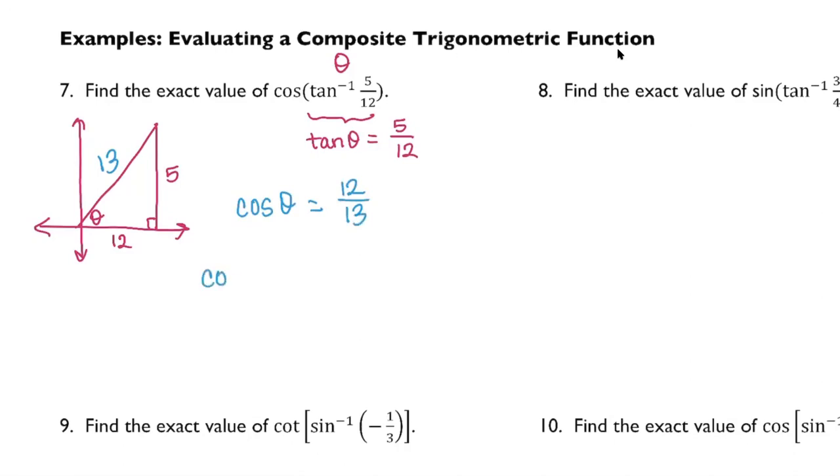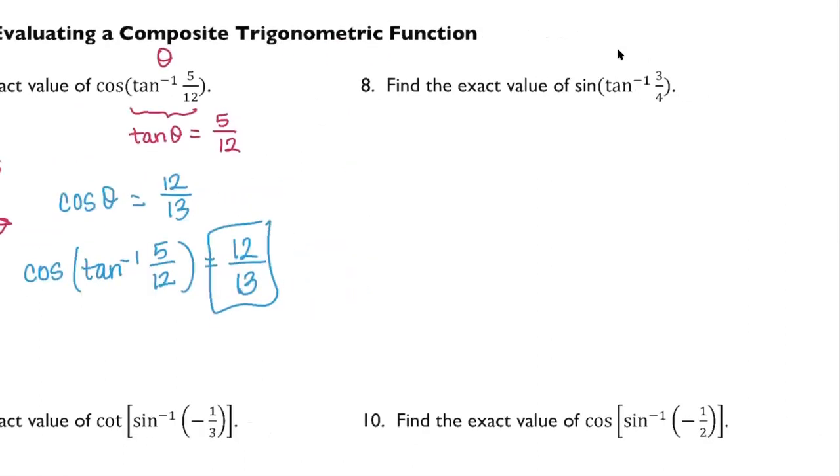So the answer is that the cosine of the tangent inverse of 5/12 is equal to 12/13. So the steps are: build the triangle for the inside function, then use that triangle to figure out the outside function. Okay, let's look at number 8.